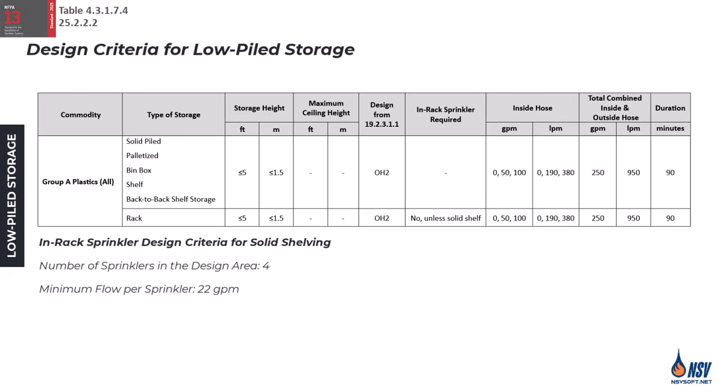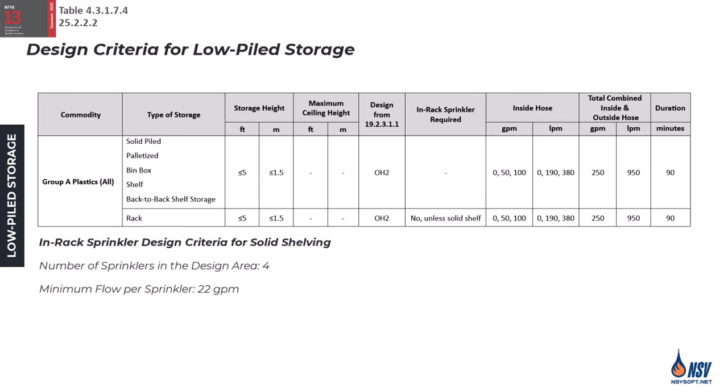In our previous section, we saw that for Class 4 commodities in open racks, installing in-rack sprinklers was an option that actually helped us reduce our overall system demand. However, when we deal with solid shelving, in-rack sprinklers become mandatory, which increases our system demand. This perfectly highlights why it is so important for us to store goods in open racks and maintain those critical flue spaces.